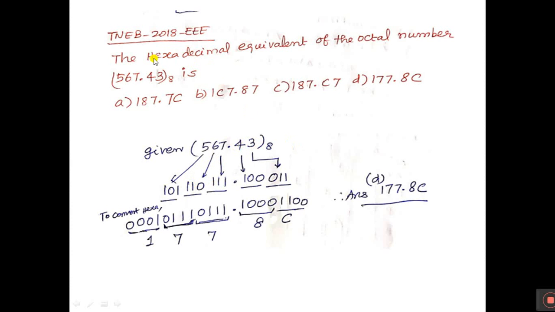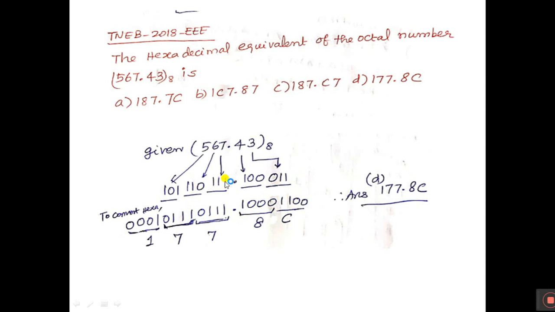Now the question is asking to calculate the hexadecimal equivalent of this number. Hexadecimal uses 4 digits because 0 to 15 is 4 bits. So these three-digit groups I modify as 4 digits. Here 1 0 0 is already there; I combine this one also, so this becomes 1 0 0 0, and the remaining term here is 1 1, so I add some 0s at the end of this digit.